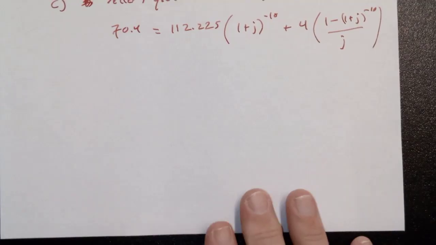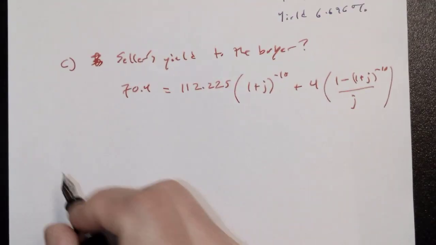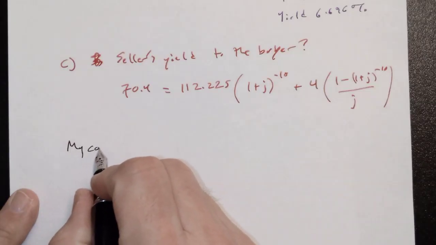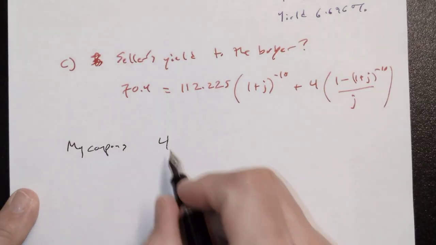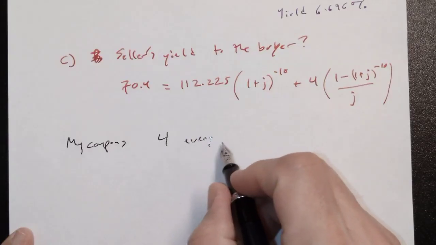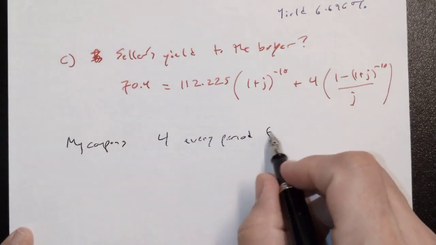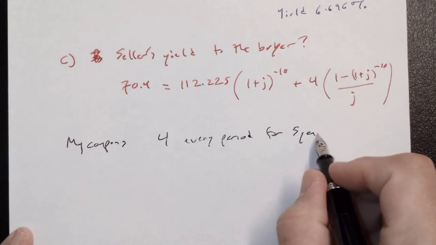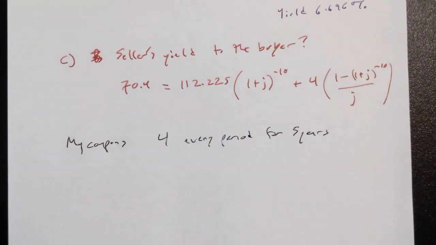My coupons were for 4 every 6 months for 5 years. Let's say I stuck them in the bank and I found a nice bank. Let's give me a rate of, I don't know, since this was at 8, let me get a rate of 6.